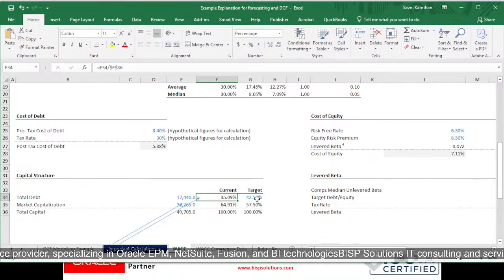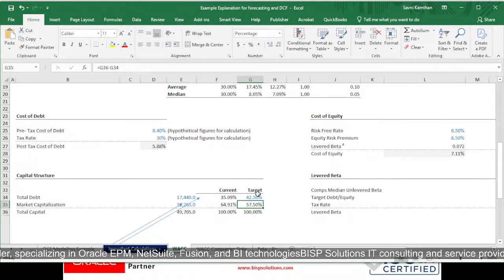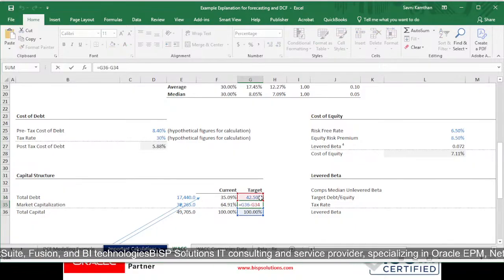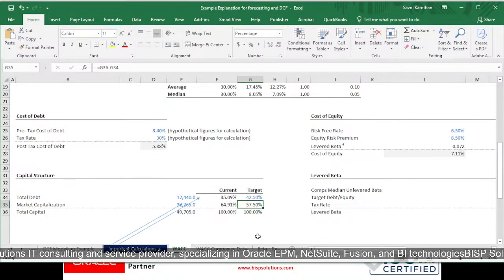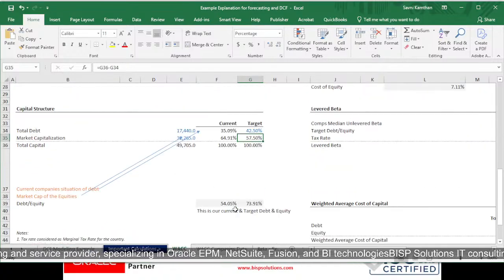Then to calculate my target, I am taking a total debt of 42.50, and then I have done a subtraction because we want 100%, so it is coming as 57.50.